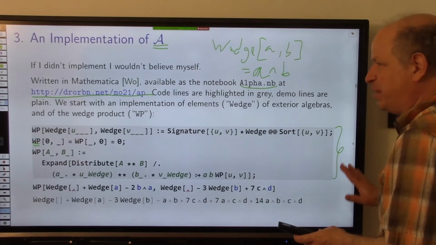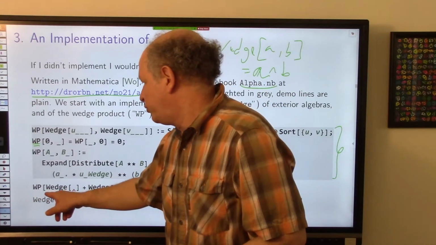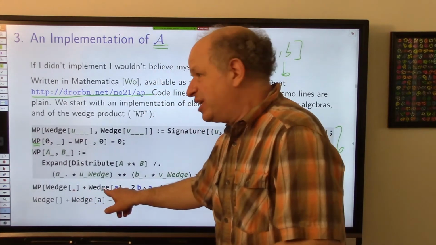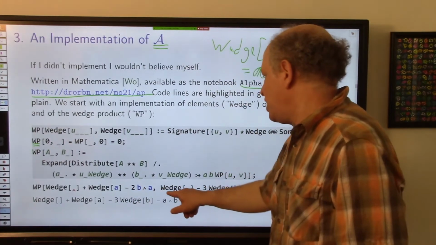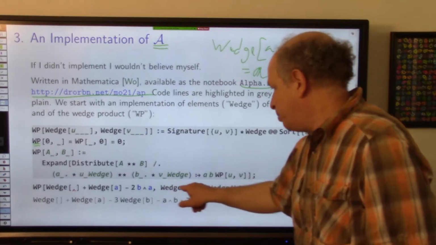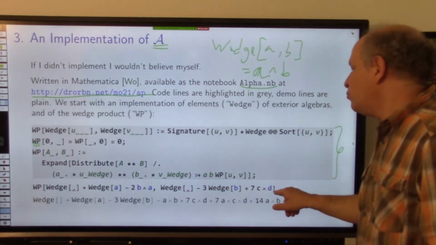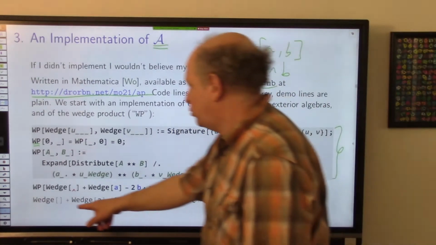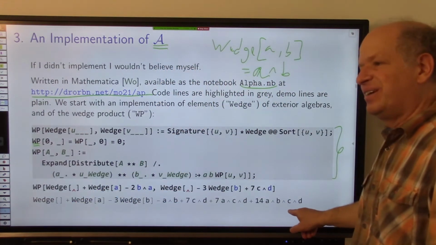If you compute the wedge product of the empty wedge with the single generator A minus twice B wedge A, and you compute the product of this with the empty wedge, minus 3 times B plus 7C wedge D, you punch it into the computer and the computer tells you that the output is whatever is written here.